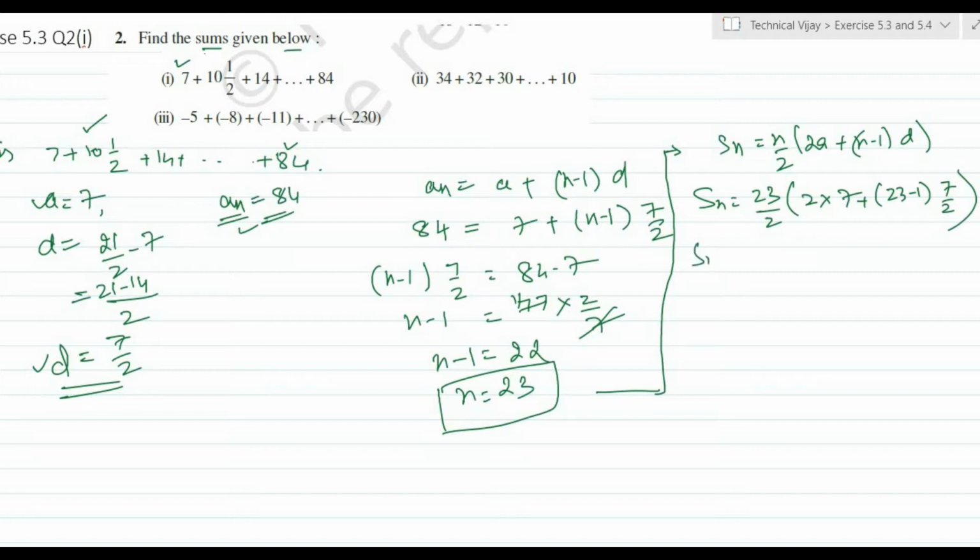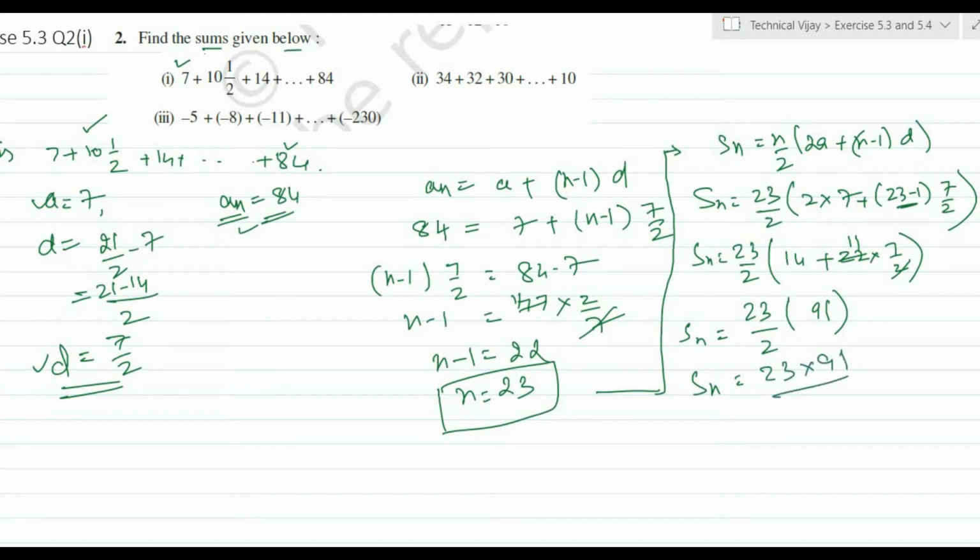So Sn is equal to 23 divided by 2 into bracket 14 plus here 22 into 7 by 2. So 2 ones are 2, 11s are 11 into 7, 77. 77 plus 14 which is equal to 91. This is 23 divided by 2 into 91. Sn is equal to 23 into 91 divided by 2.